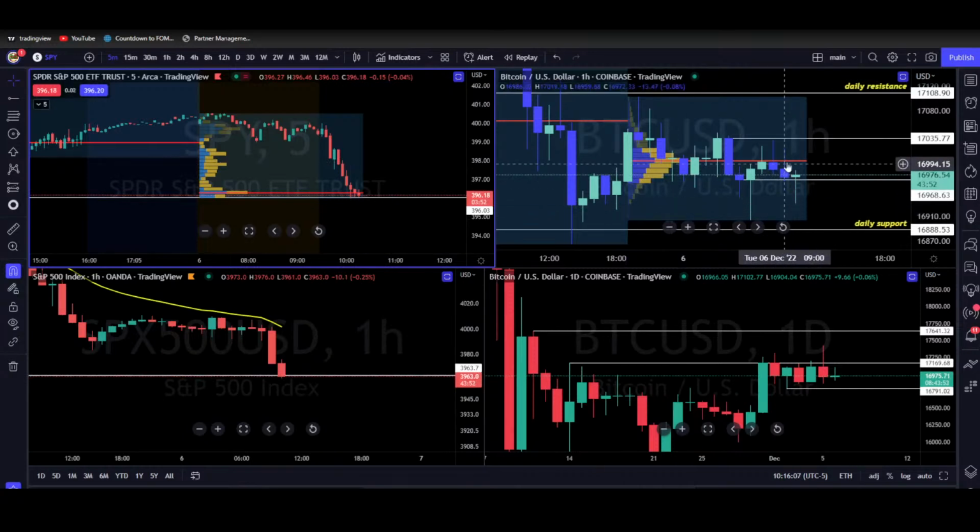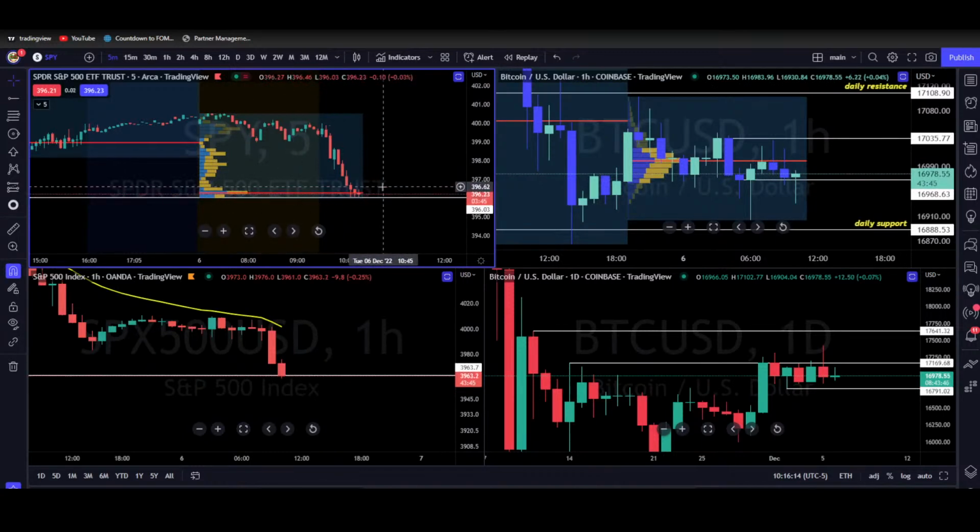Look at Bitcoin. Look how it just went right back up. I would not be surprised if this ends up being the low of day on the SPY. It doesn't mean it will be. So please, if you're buying it now, you might be buying the low of the week, but you might not also.